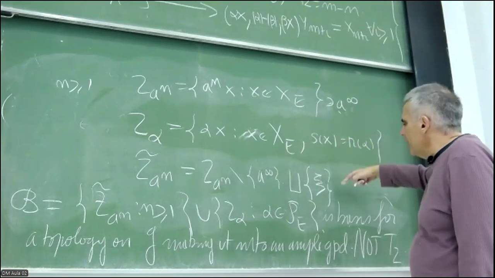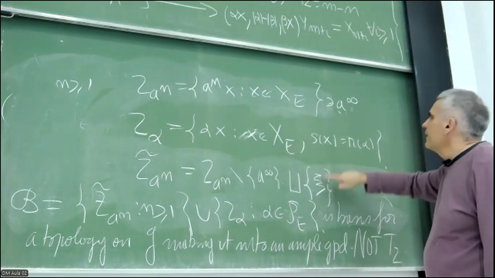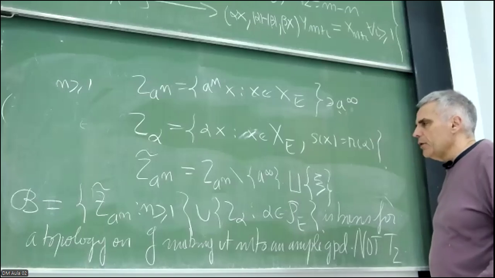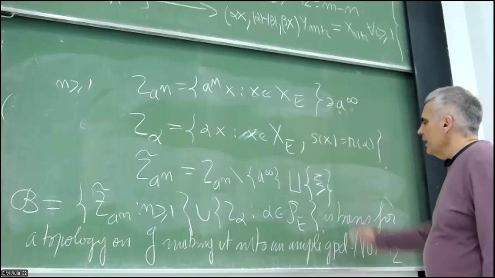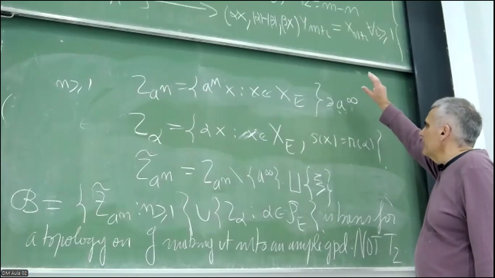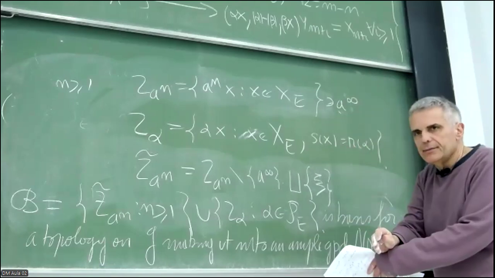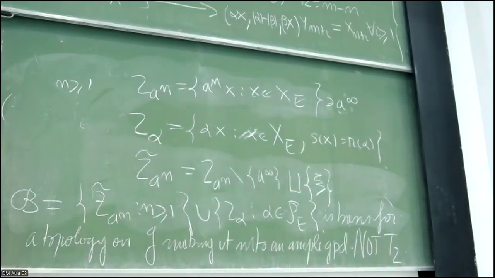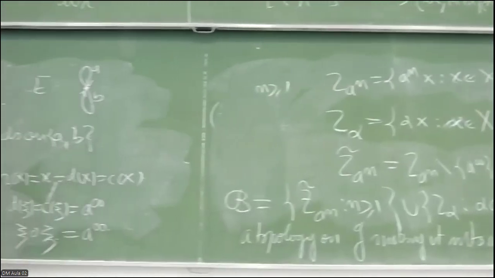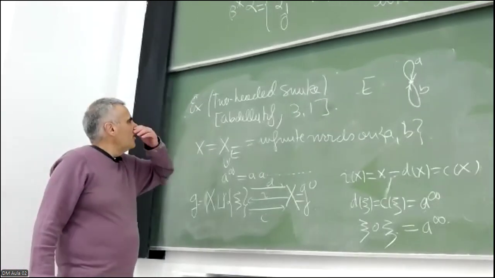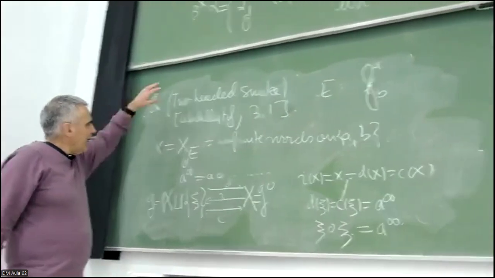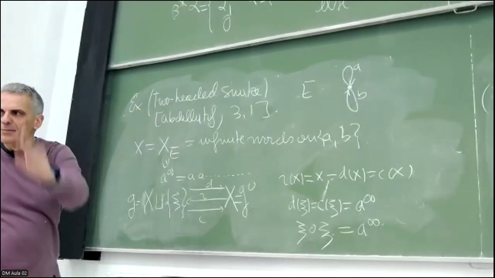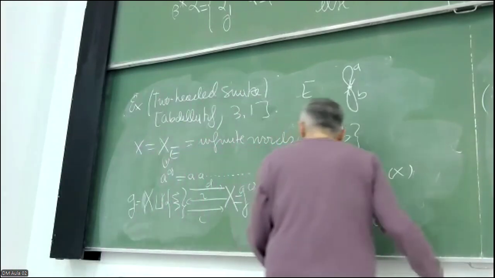So there is no pair of open neighborhoods, one containing psi and the other one containing A infinity, that are disjoint. Okay. So if you like this, in this paper you can find a three-headed snake too. Okay.